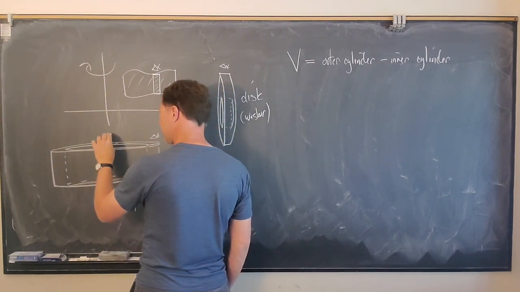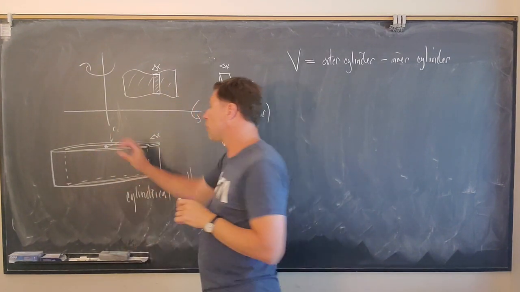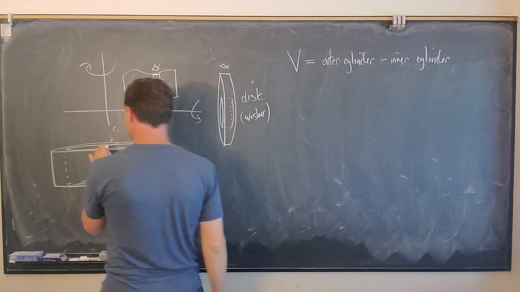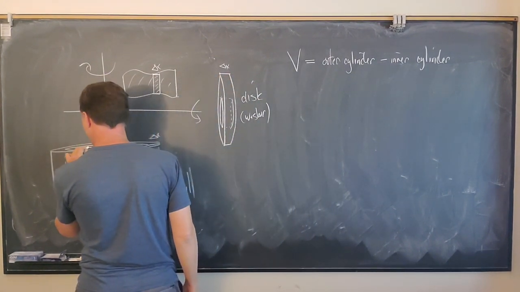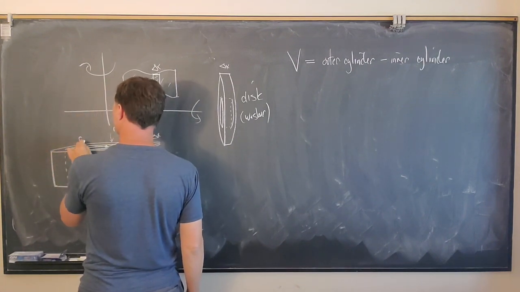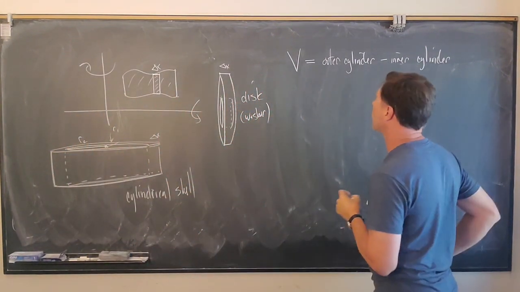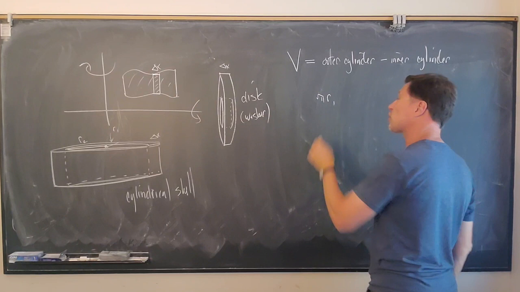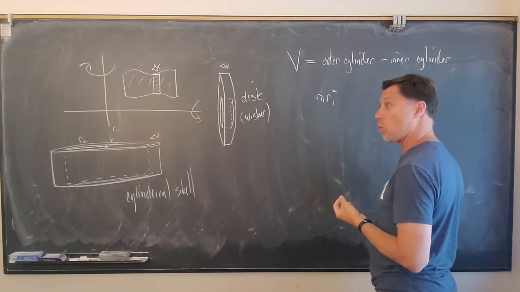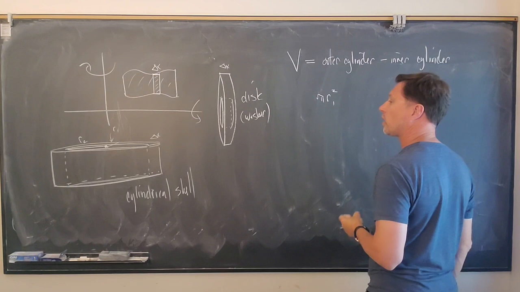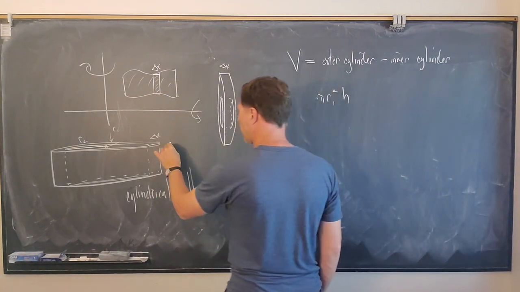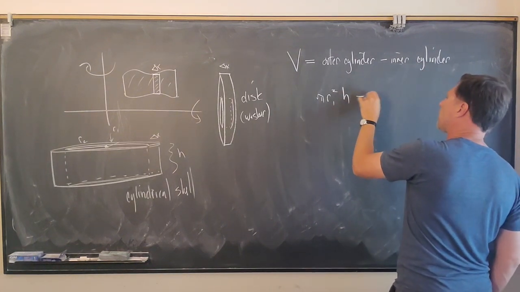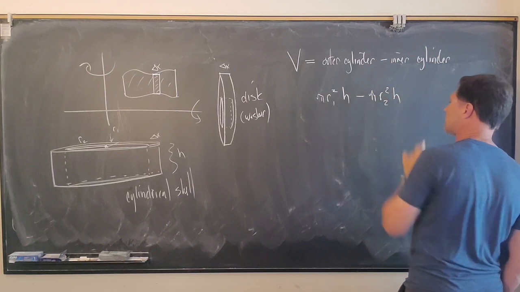Sorry, my drawing's not that good, but let's say R1 is the radius going from the center out to the outer shell, and then R2, let's put it here, will be the radius going to the inner shell, right? So the volume of a cylinder is pi times the radius squared times the height, so the outer cylinder has radius R1, so it would be pi times R1 squared times h, where h is that height right there. And then for the inner cylinder, we're going to have pi R2 squared times h.